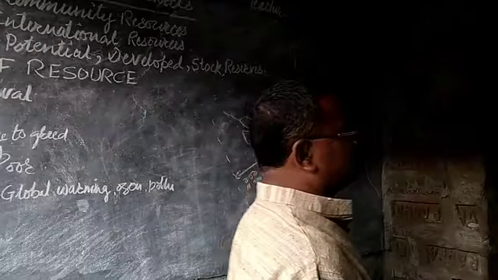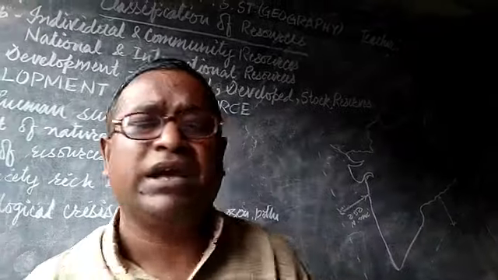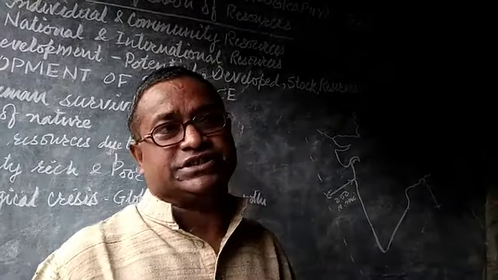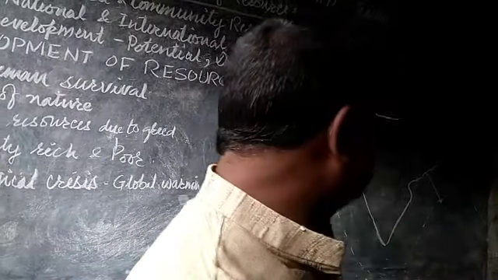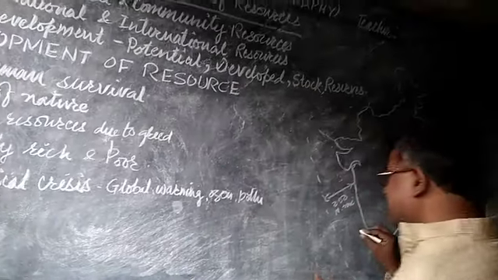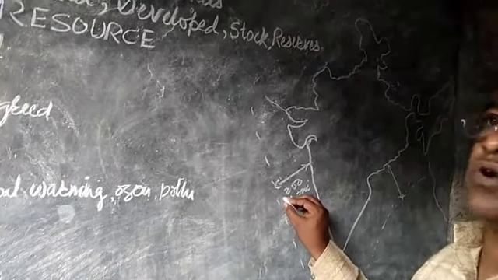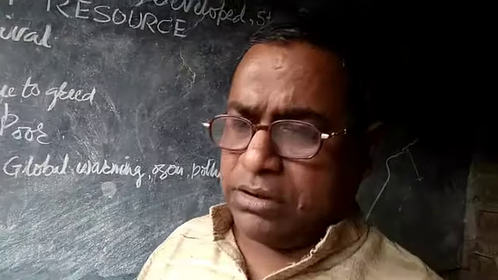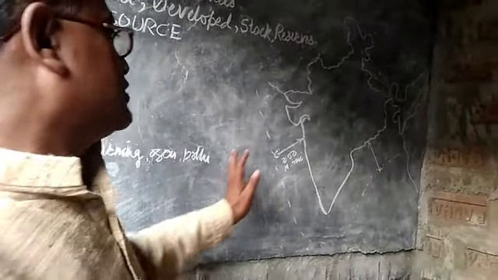International resources are those resources on which an international organization like the UNO, the United Nations Organization, has ownership. These are resources found beyond 200 nautical miles of the exclusive economic zone of any nation.